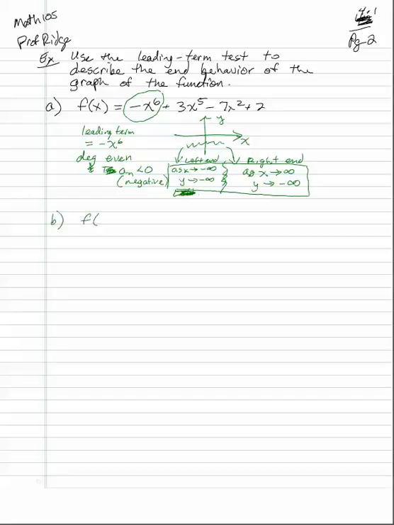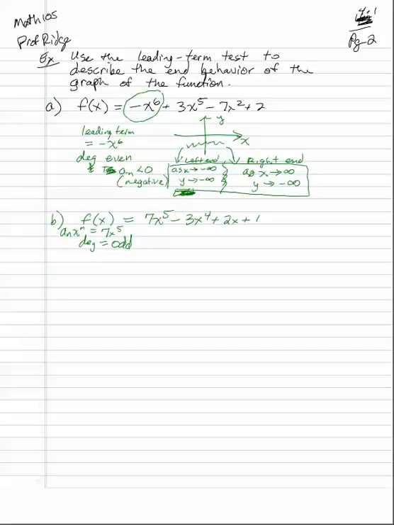All right, let's try another one. f of x equals, say, 7x to the fifth minus 3x to the fourth plus 2x plus 1. And again, the degree is odd, so the leading term is 7x to the fifth.